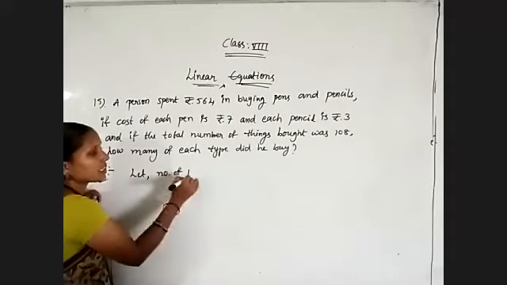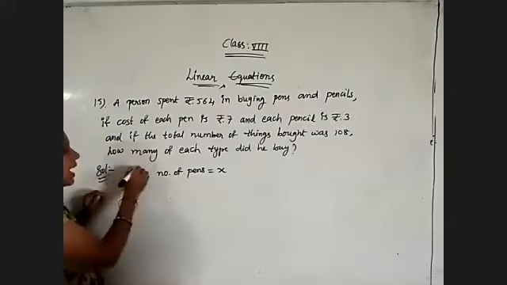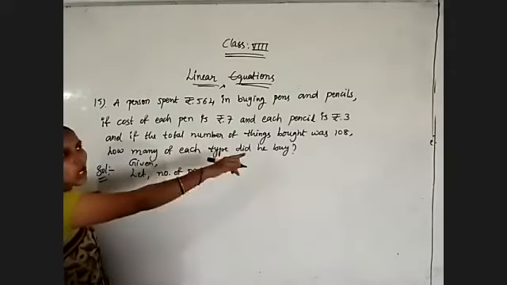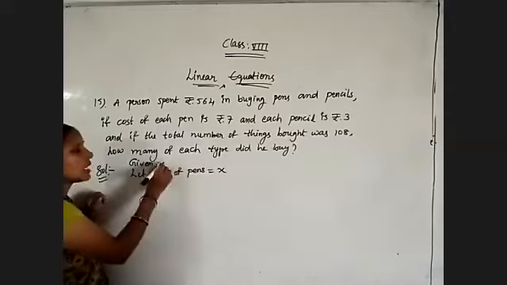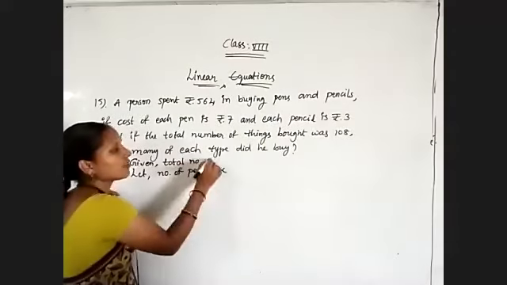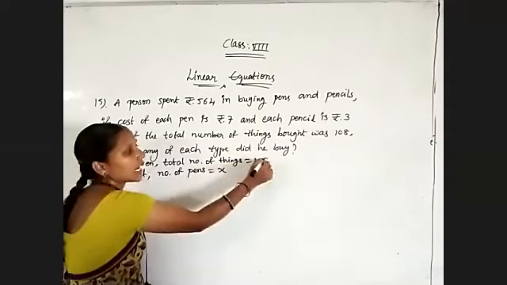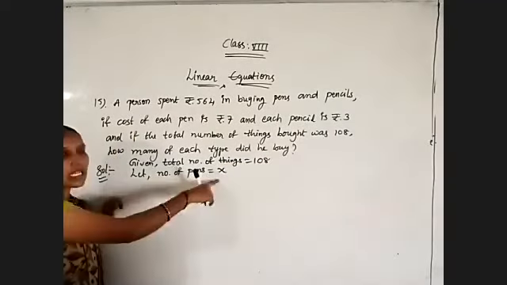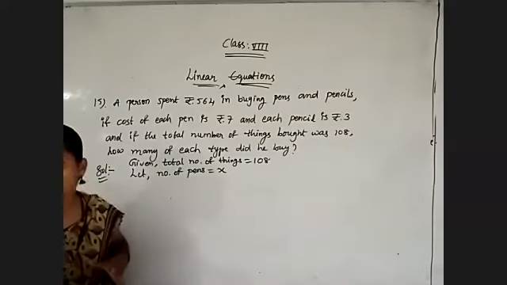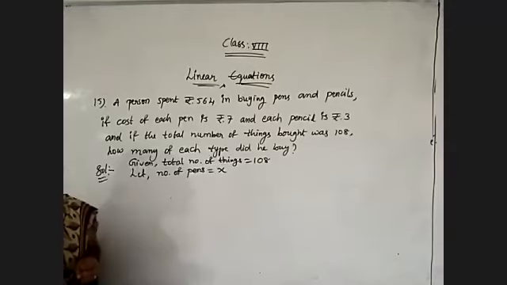So very simple, let the number of pens be equal to x. Okay, and given in the question, total number of things bought is equal to 108. That is total number of things, that means pens and pencils, is equal to 108. If I have total number of things 100, okay, 40 pens I have, then how many pencils do I have?